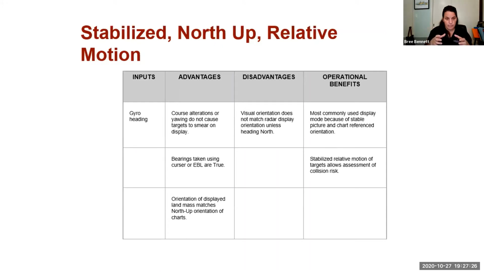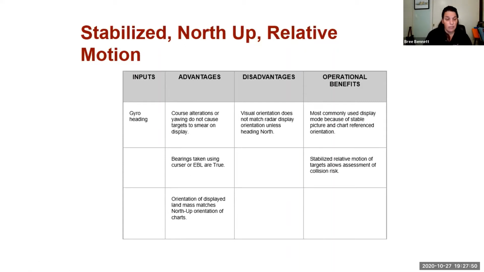Like on a compass, when we move around, the compass doesn't move around, right? The lubber line is stuck with the ship, and we are moving around the compass. So same kind of concept here.